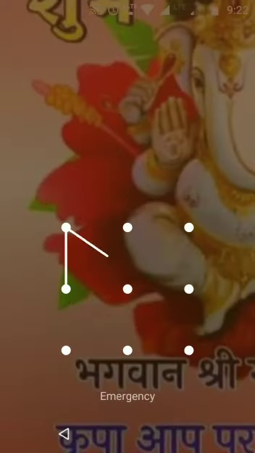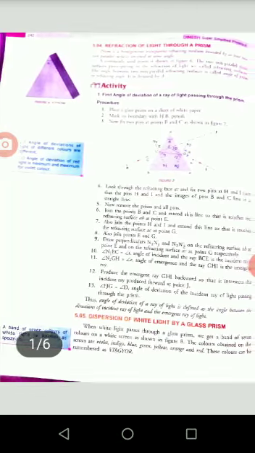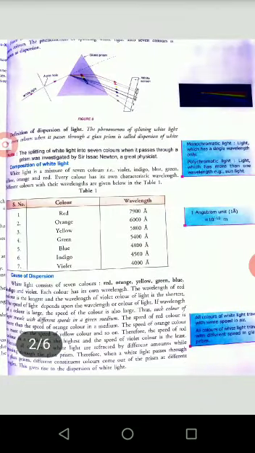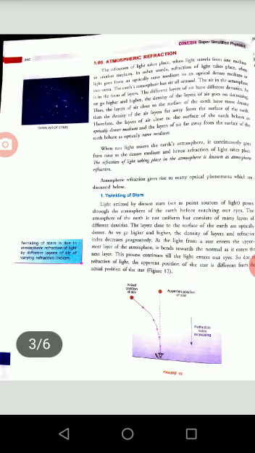Then, dispersion of light in nature. In this regard, first we will learn about the rainbow.